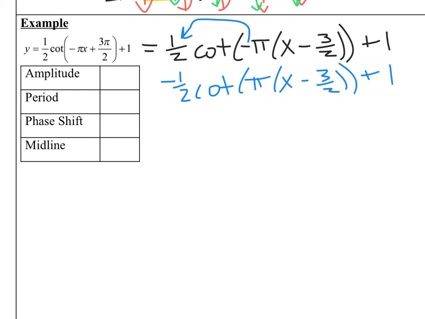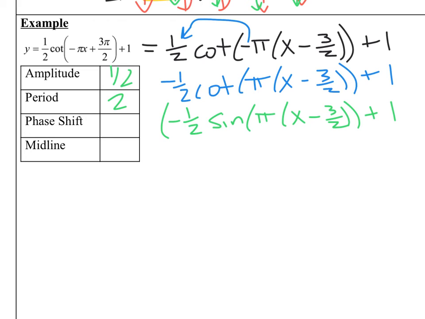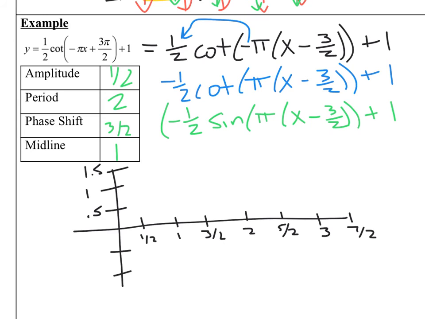And now we're going to fill in our table based on if this was sine, since we're dealing with cotangent. I'm going to go fast on this part since we did the exact same thing already. Period of 2, phase shift 3/2, midline of 1. So I scaled this the same way we did in our tangent video.